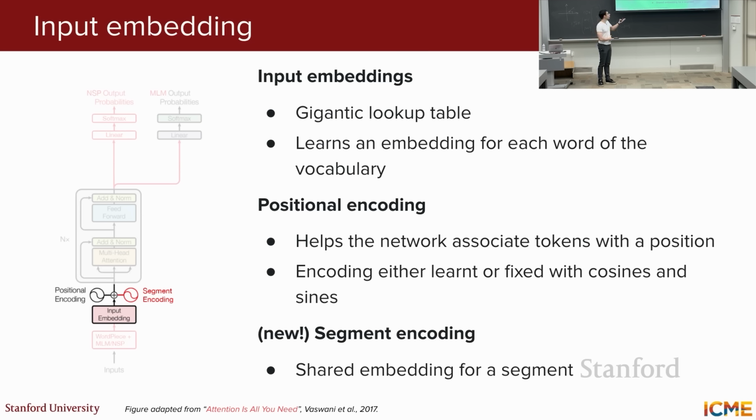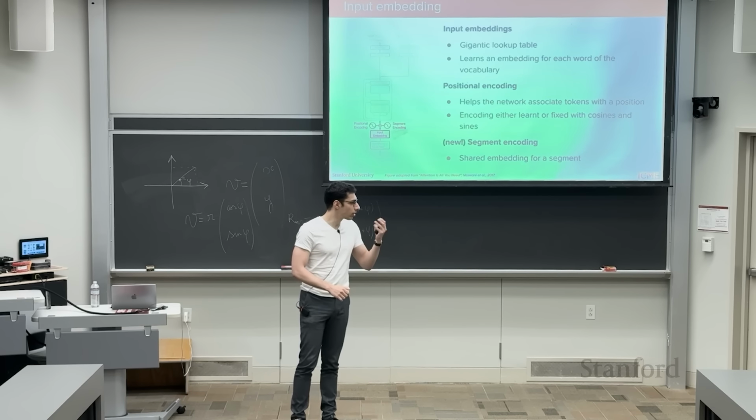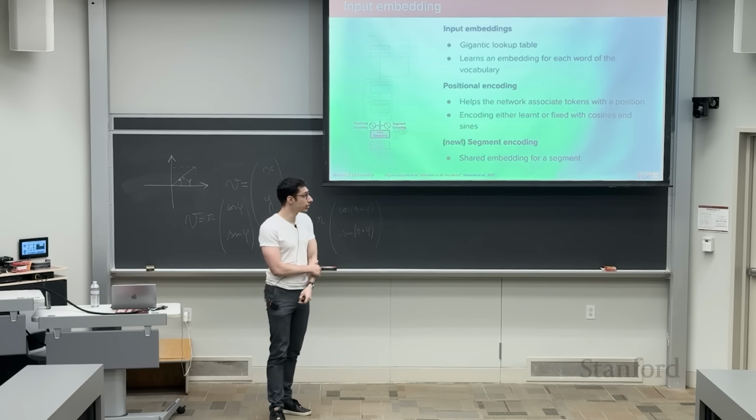And it's supposed to help with the NSP task, to represent features that can helpfully represent a sentence that precedes another one. So at least that was the hypothesis emitted by the authors. We're going to see it has been challenged later on, but this is one of the key concepts that was introduced here.